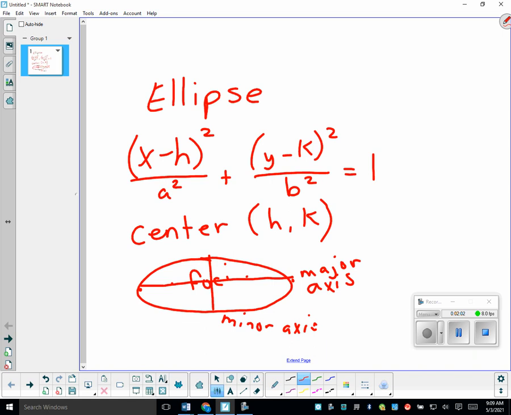And that is pretty much everything to do with an ellipse. The only thing we're going to worry about is finding the center and graphing it. We're not going to mess with all the other stuff. Is that all right with you?